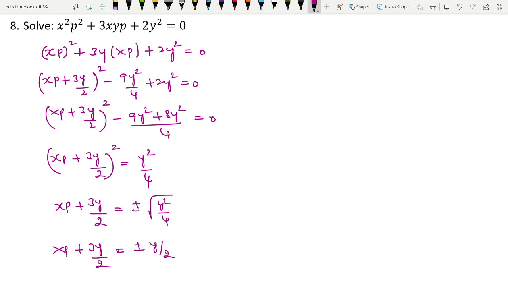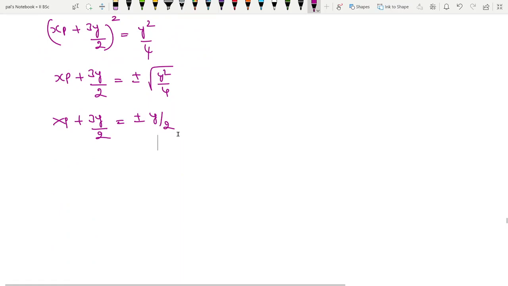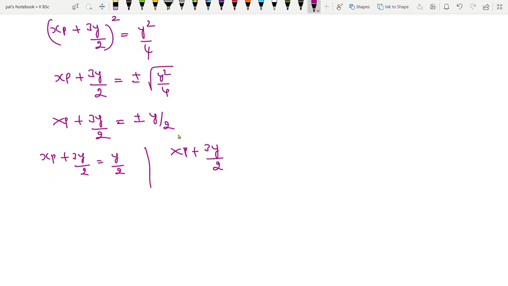Therefore the linear factors are xp plus 3y by 2 is equal to plus y by 2, and another one is xp plus 3y by 2 is equal to minus y divided by 2.